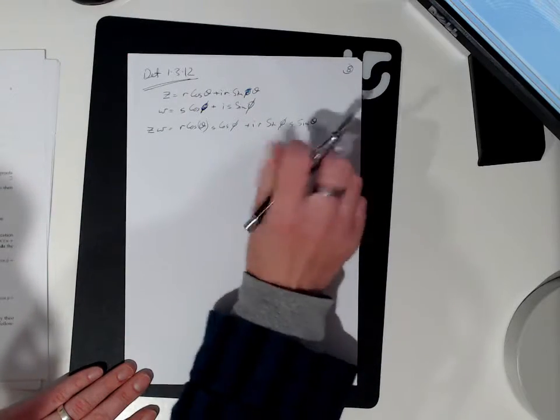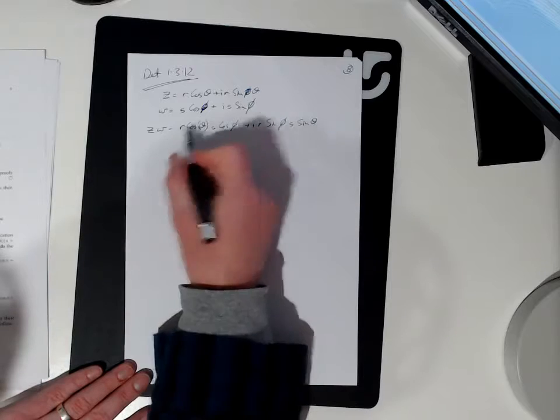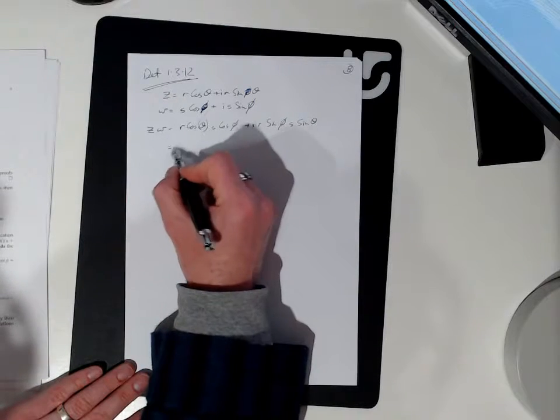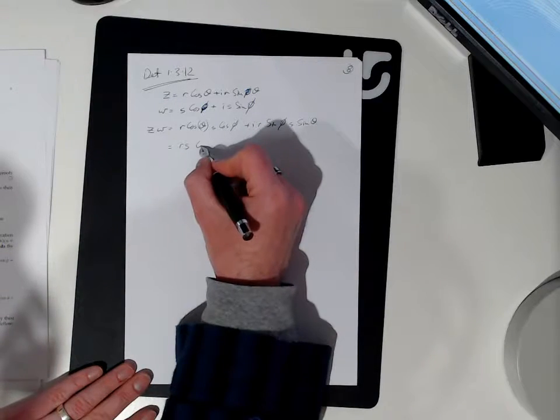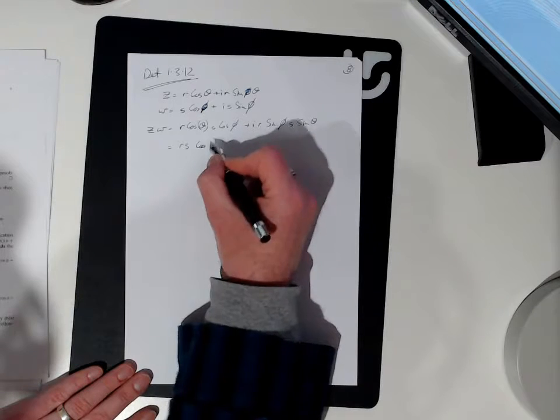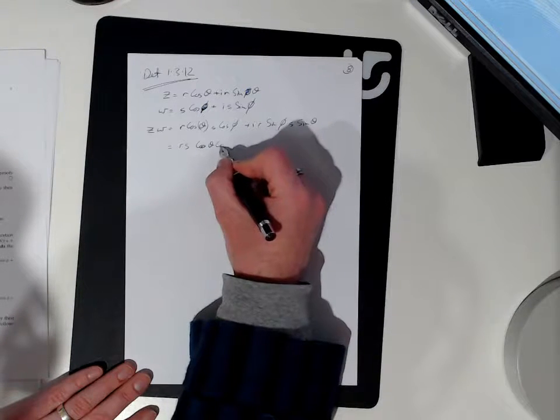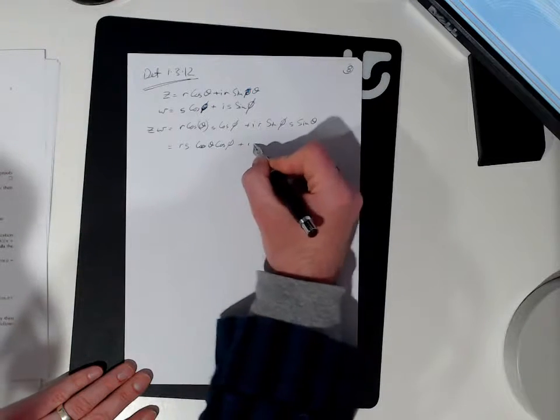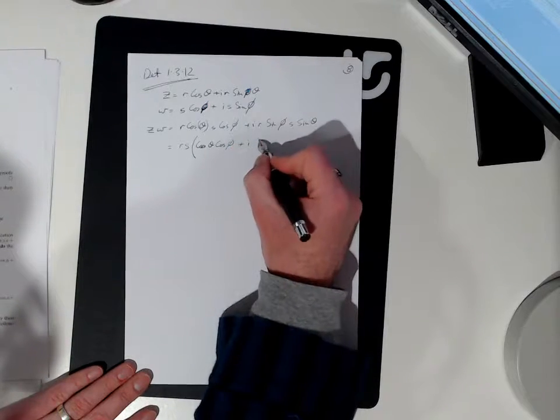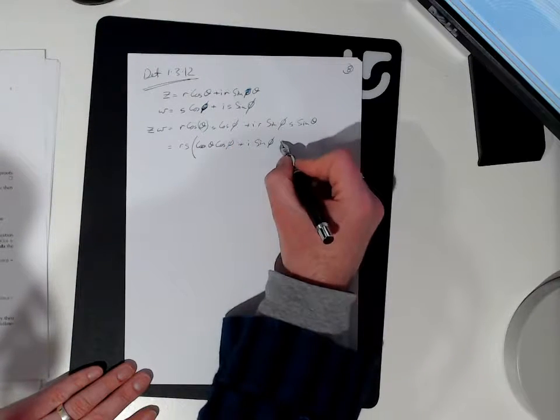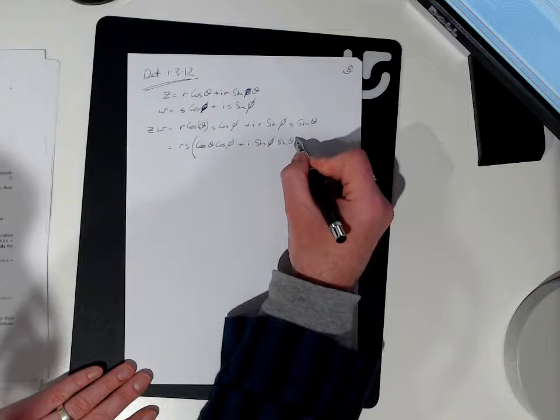I've written them the wrong way around, but it doesn't matter because they're real numbers, so they commute.